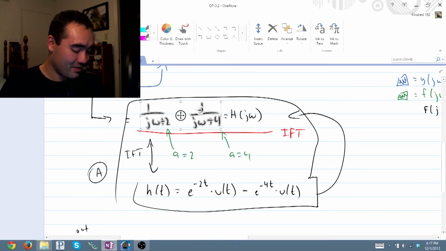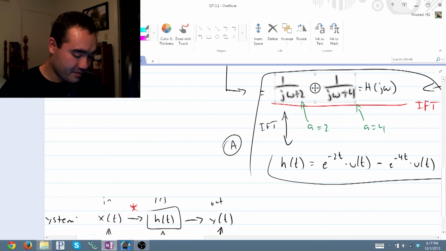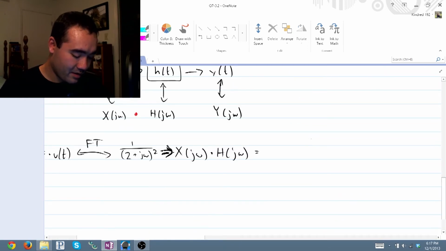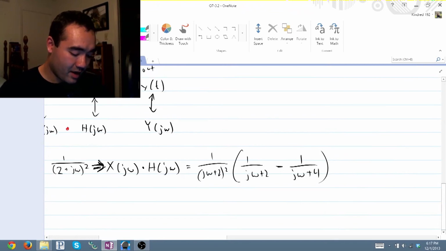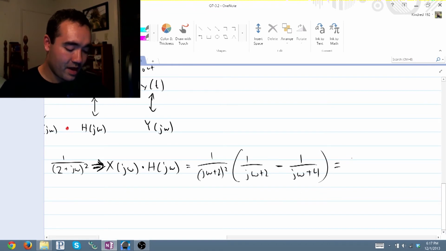Oh, there we go. All right. Copy, and paste. So, we have 1 over j omega plus 2, the quantity squared, times this expression. And that equals our capital Y of j omega.